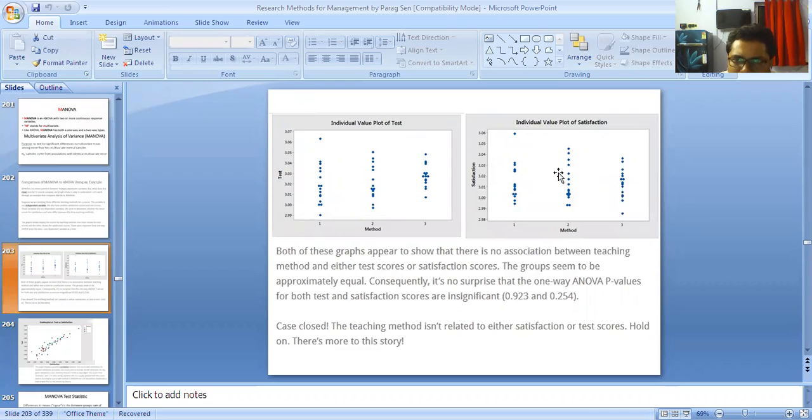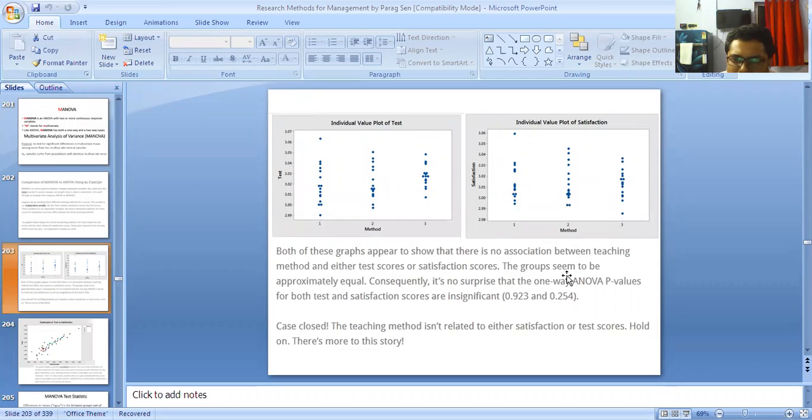Similarly, the same thing is happening for the satisfaction scores. You are using teaching method 1, teaching method 2, and teaching method 3, and you have the satisfaction scores.